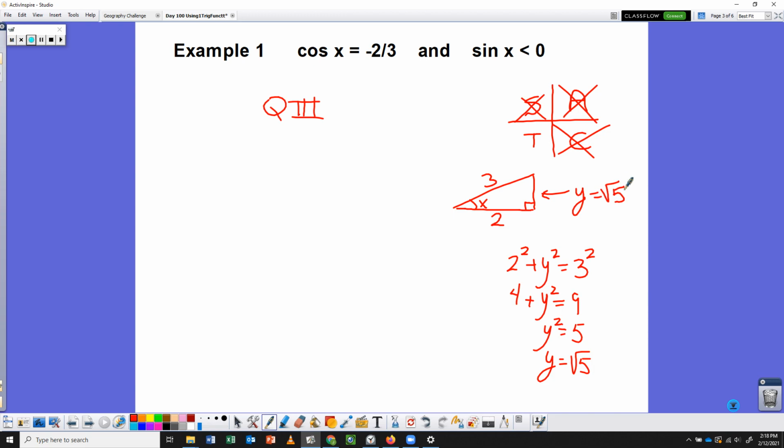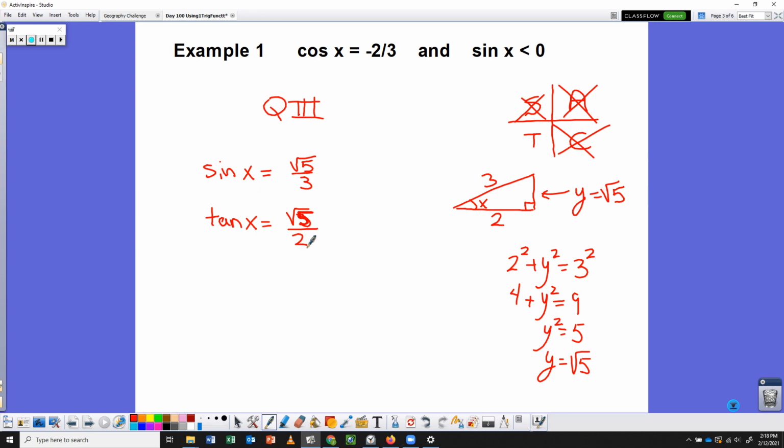So now, what I'm going to do next is build all the other trig ratios that we don't already have. We already got cosine, but we don't have sine yet. Sine is built out of opposite over hypotenuse, so that's going to be radical 5 over 3, because radical 5 is my opposite side and 3 is my hypotenuse. We don't have tangent yet. Tangent is built of opposite over adjacent, so that's going to be radical 5 over 2.